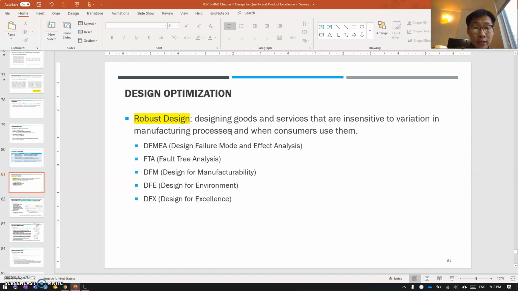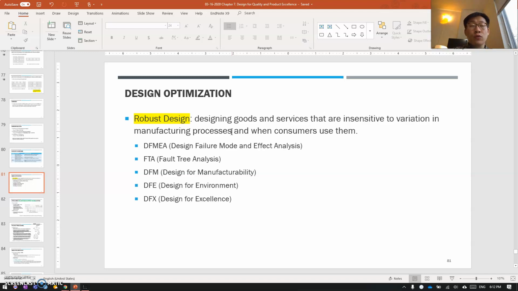I think I explained this example in class. The curved glass in the beginning wasn't a very robust manufacturing design because it is very sensitive to variation during the manufacturing processes. Also the glass back of your cell phone is very sensitive to drops and scratches. So things like that need to be addressed and considered.